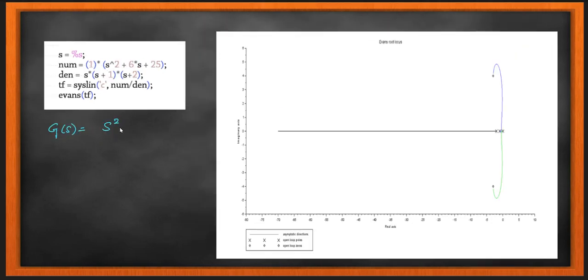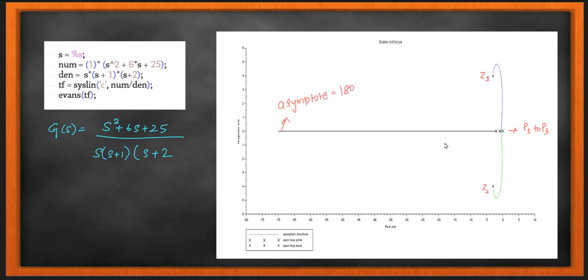Another question, which is a textbook question, is this: s square plus 6s plus 25 divided by s. So here you're having a quadratic numerator, which means I have complex conjugate zeros, and that is going to give my angle of arrival. So now I'm going to have angle of arrival and angle of departure, because my zeros z1 and z2 are complex conjugate.